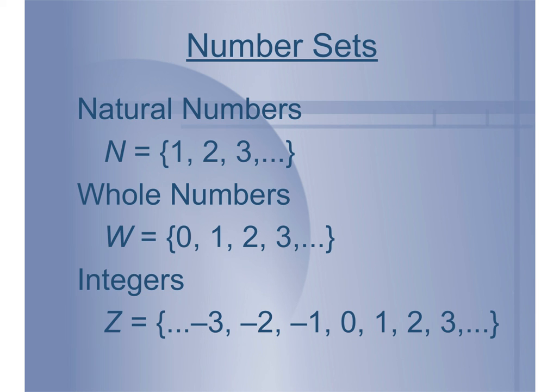No. But if you're talking about number sets, N will always mean natural numbers, all right? Whole will always be represented by a W, okay? And then integers, seemingly random, is Z. Integers will always be represented by Z.